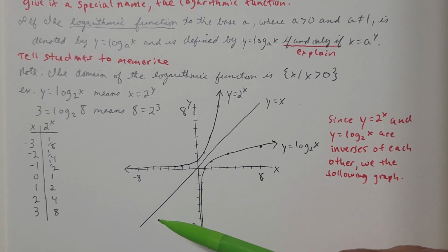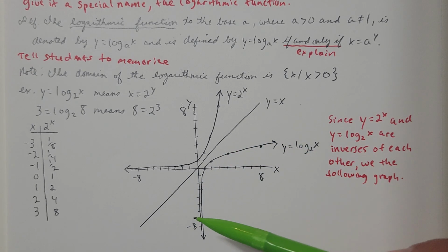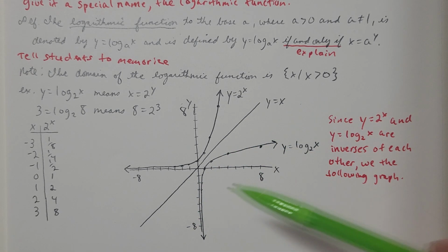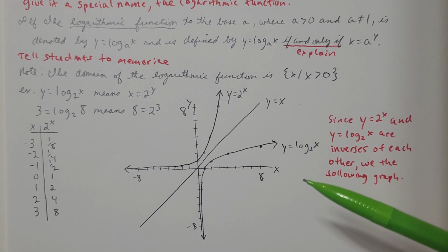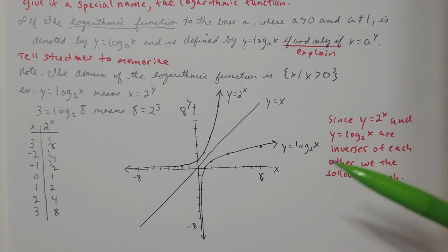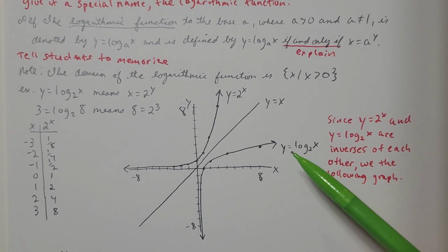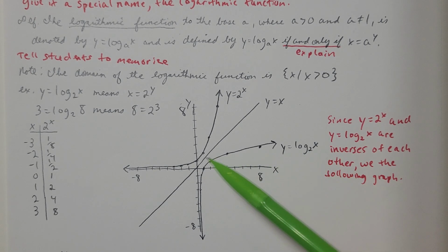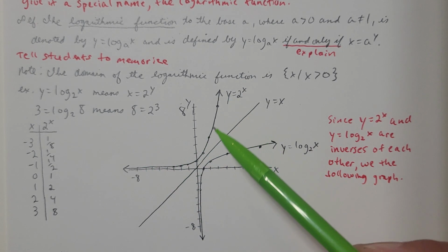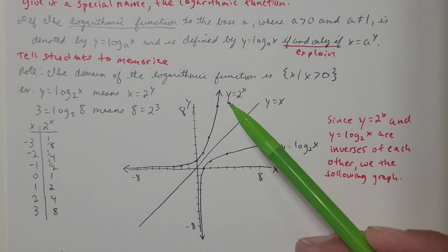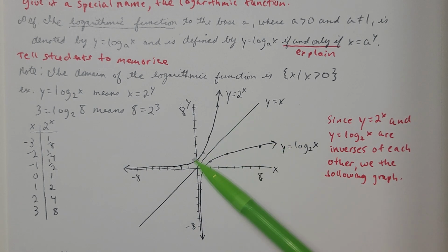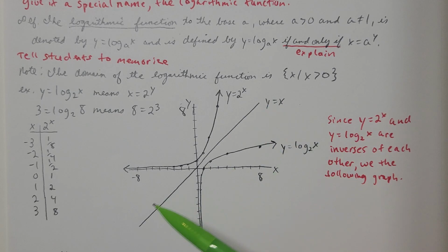Now, let's go ahead and graph the line y equals x. That's the diagonal line in quadrants 1 and 3. So what I'm saying is that one way to get the graph of y equals log base 2 of x is we rotated the curve y equals 2 to the x about that diagonal line, right? Because these two curves are symmetric about the diagonal line. That will always happen.